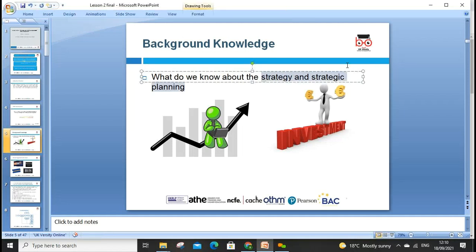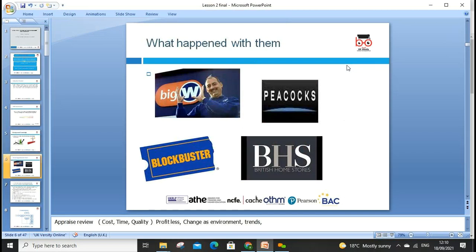Okay, so we go through the word strategy, which means action plan. Strategic planning means long-term planning. You have to ask the question: what is your plan for the future? Think about companies that are no longer in business. Why are they no longer in business? Why did they not sustain?